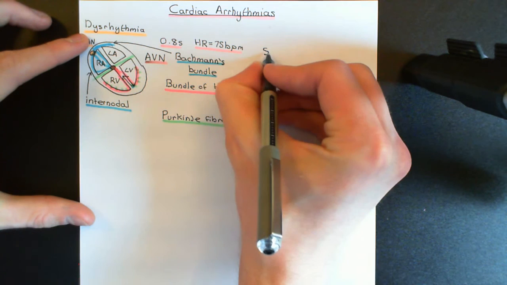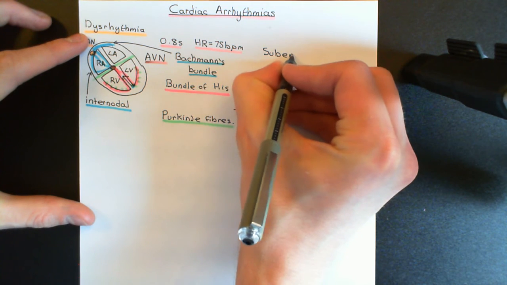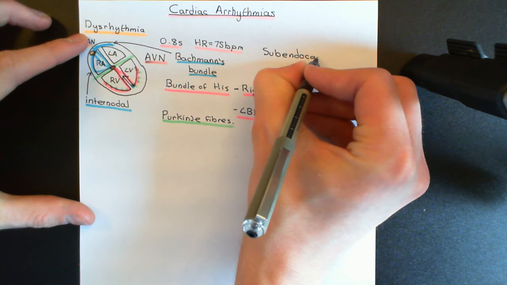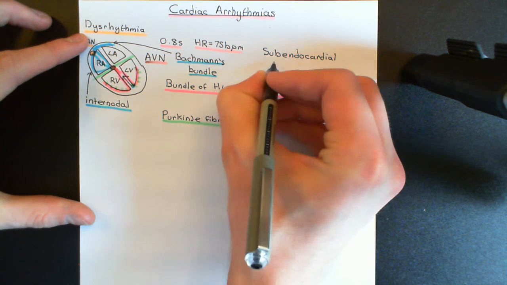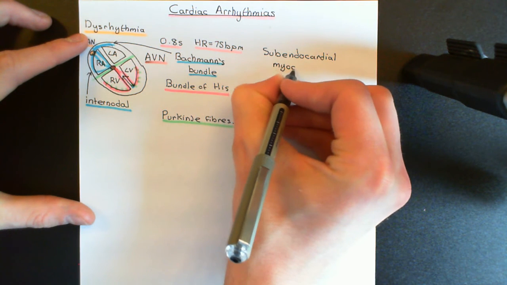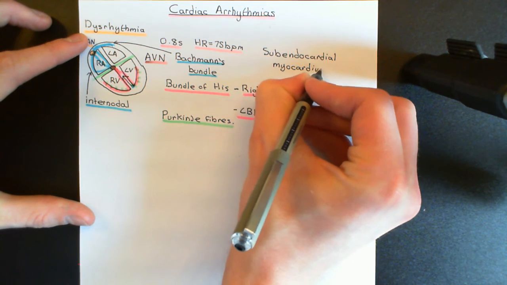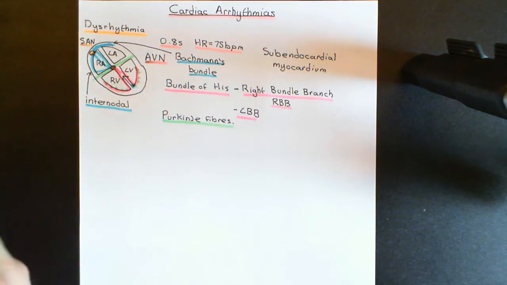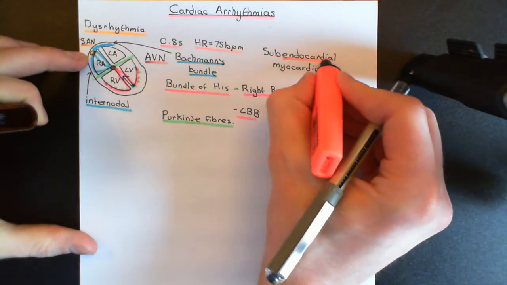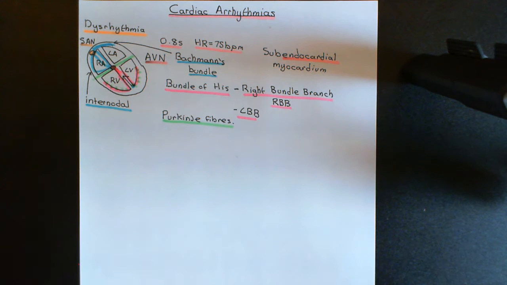Now the inner portion of the myocardium has a special name. This is known as the subendocardial myocardium. Okay, and the reason for it being called that is the endocardium. The endocardium is the equivalent of endothelial cells but in the heart. So you know that all of the blood vessels of the body are lined by endothelial cells. The heart is part of the circulatory system.